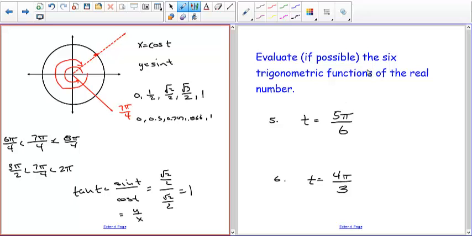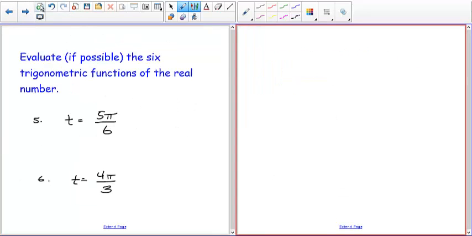Now, to find the secant and the cosecant, the cosecant, which is 1 over the sine, is going to be 1 over y, and the secant, which is 1 over the cosine, is 1 over x. So it's not hard to find them once you've figured it out.